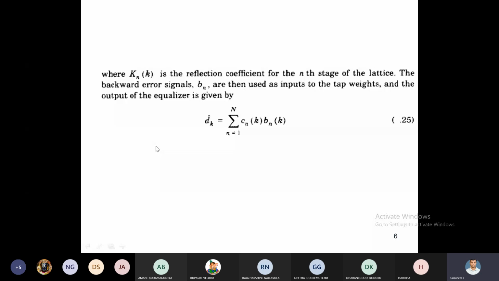Similarly, for the last stage, f N k is equal to y k minus the summation over i equal to 1 to N of K i times y of k minus i, which is equal to f N minus 1 of k plus K N minus 1 of k times b N minus 1 of k minus 1.